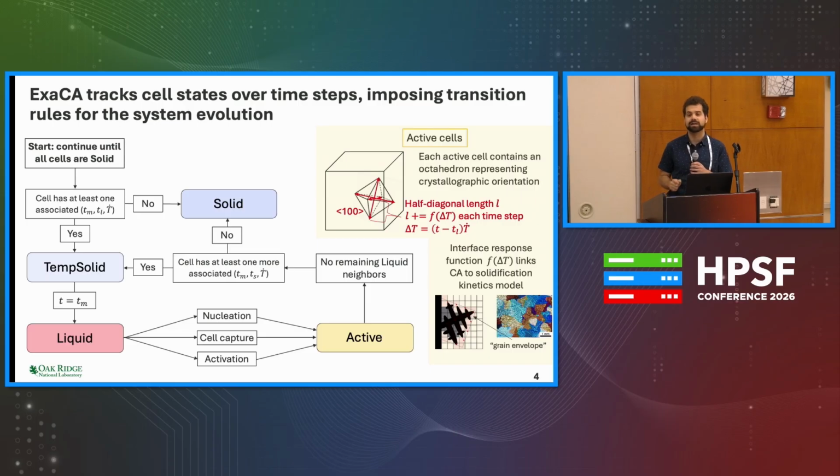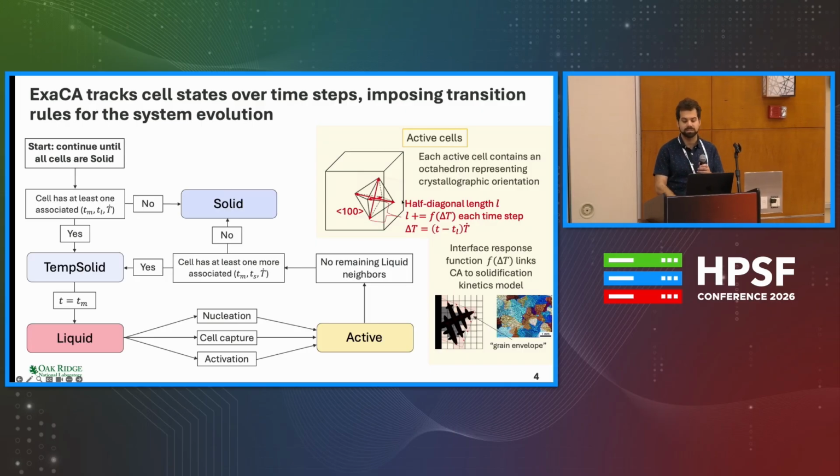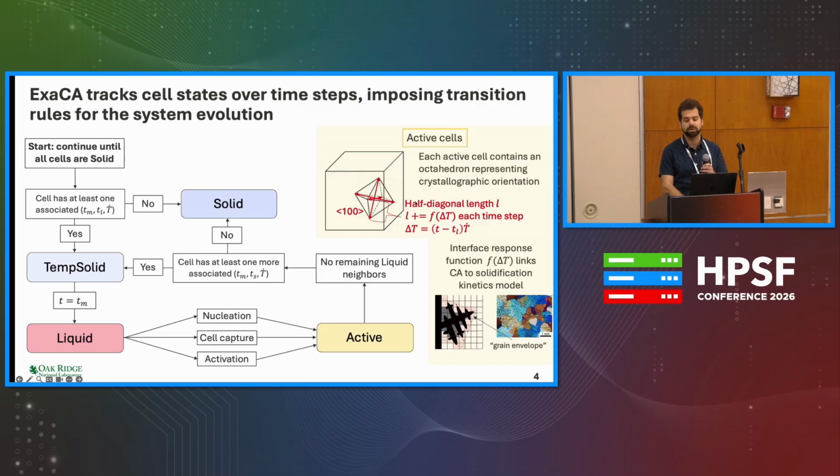And these active cells, meanwhile, you're stepping over time, but there's also not that much work that needs to be done per time step. There's an interfacial response function where you're essentially calculating the interface size that are represented through these octahedral geometries. So you can get the local undercooling from your time and the cooling rate, and you could track the size of this octahedron through some other function, but this function is usually something pretty simple like a polynomial.